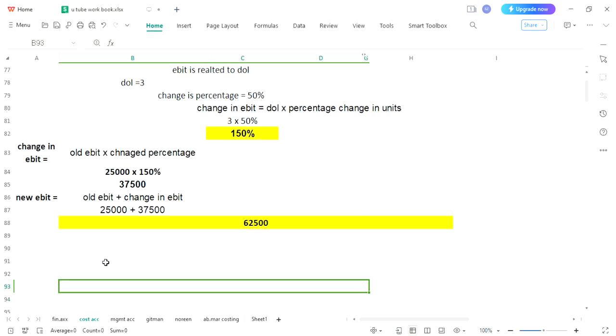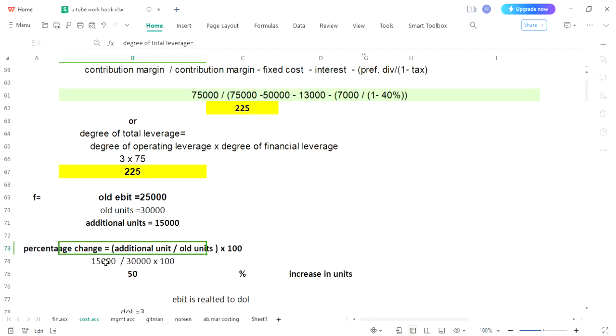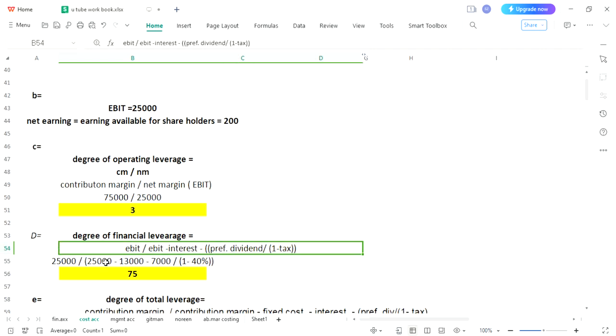Your old degree of total leverage was calculated over here. Let's see how much the degree of total leverage was calculated here.